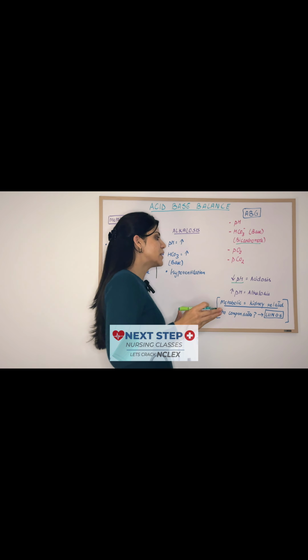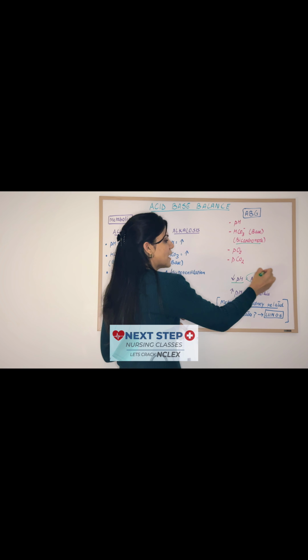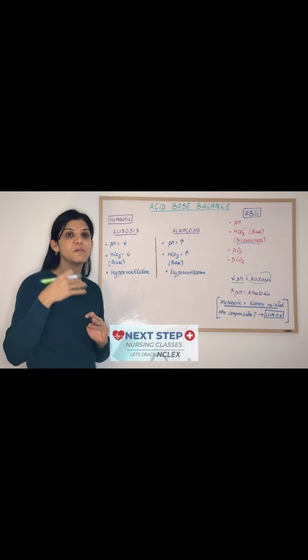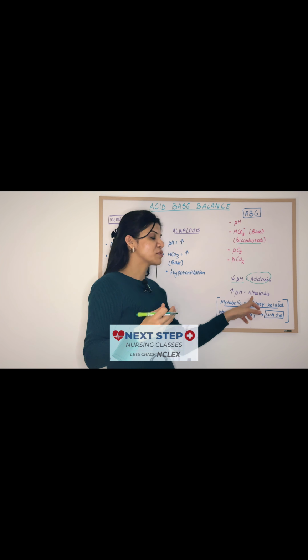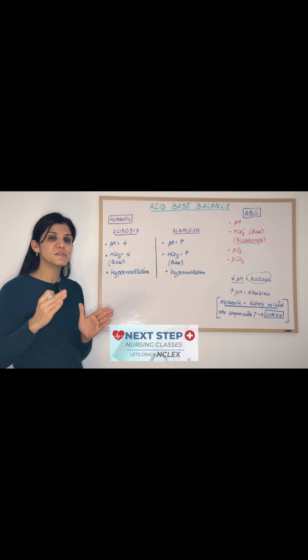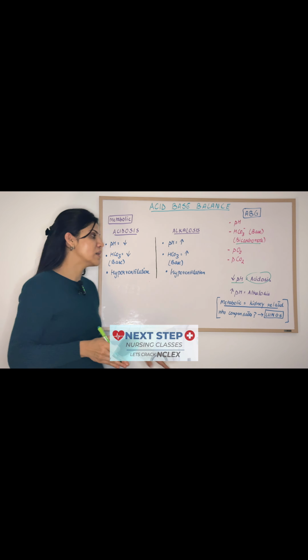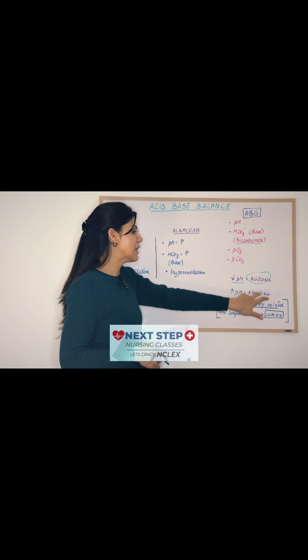Below 7 is acidosis, and above 7 is alkalosis. But in the human body, the normal pH is 7.35 to 7.45. So anything less than 7.35 is acidosis, and anything above 7.45 is alkalosis.